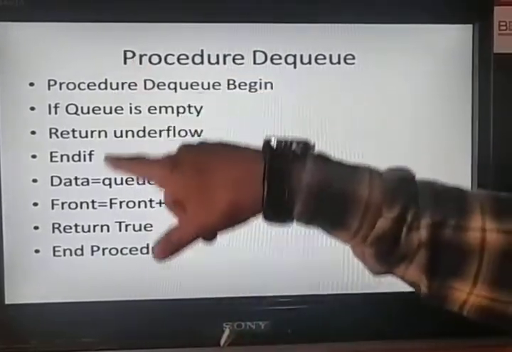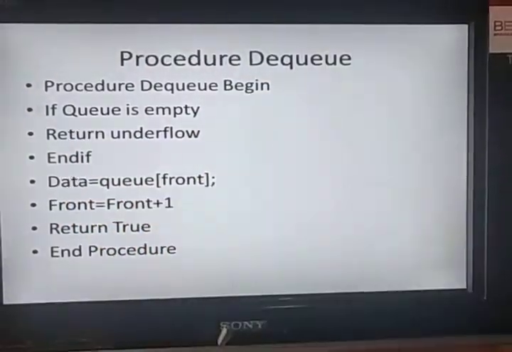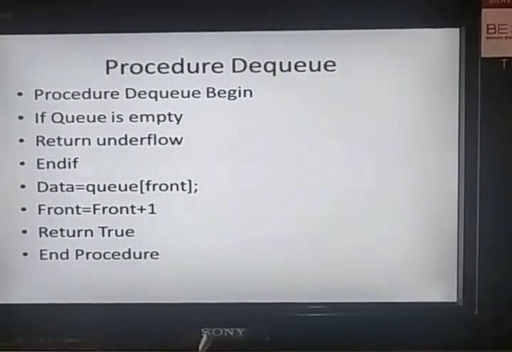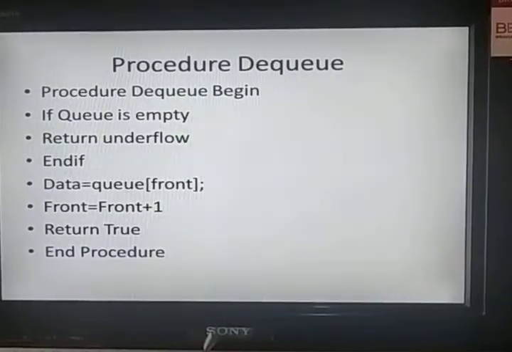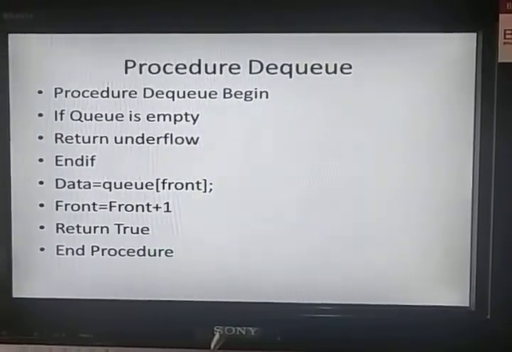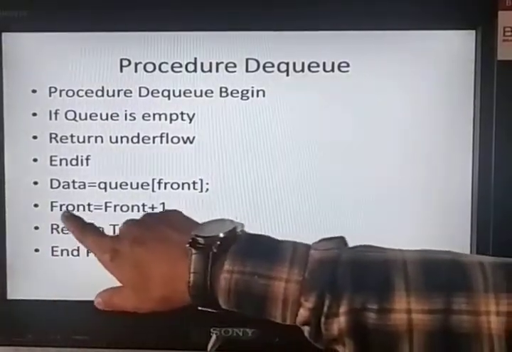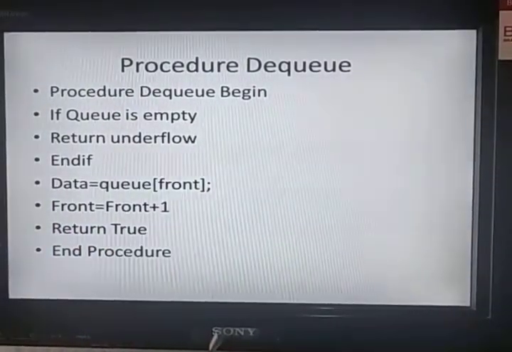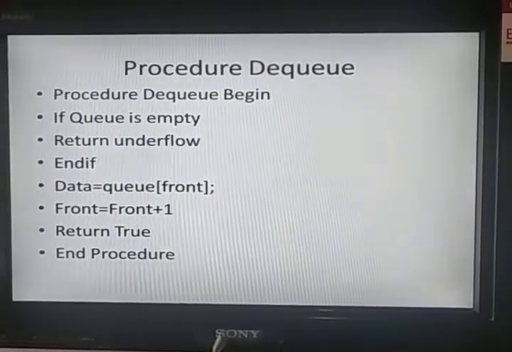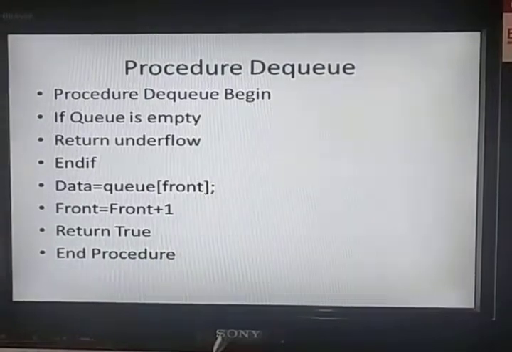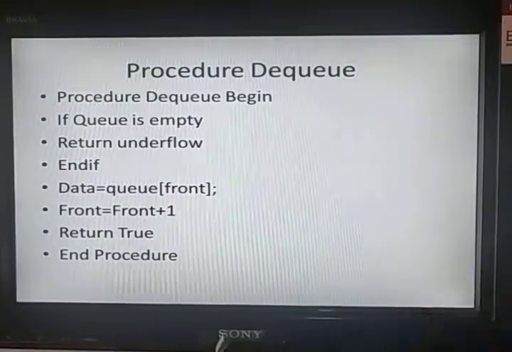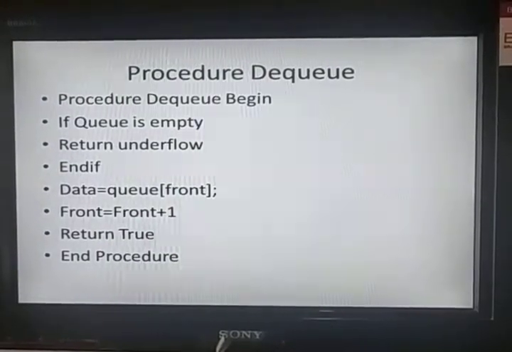Otherwise, control will come to the next statement, data equals q of front. So the value of q of front will be stored in the data variable, and in this step we are increasing front by 1, front equals front plus 1, then return true, end procedure. This is the procedure of DQ.